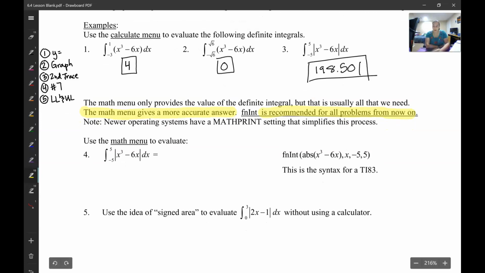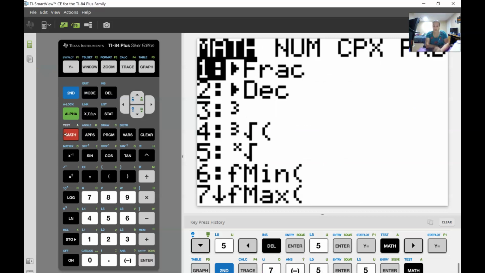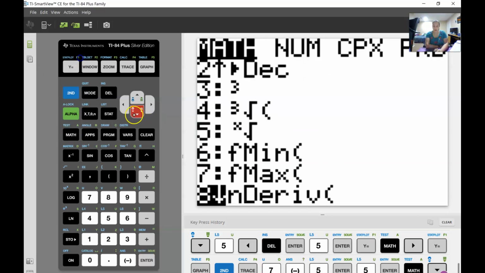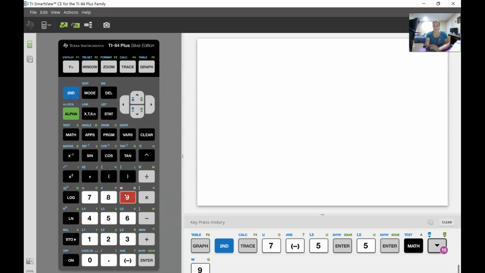So let's talk about how to do this one. Step number 1 is you're going to hit your math button. And then step number 2, you're going to hit number 9. So let's try number 4. So let's hit our math button. And then if I arrow down, there's number 9, my integral.